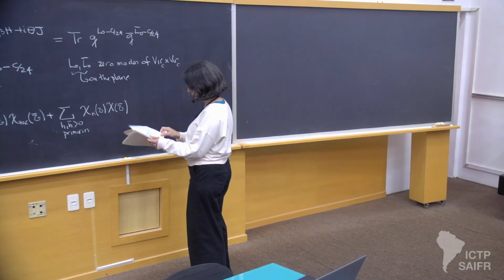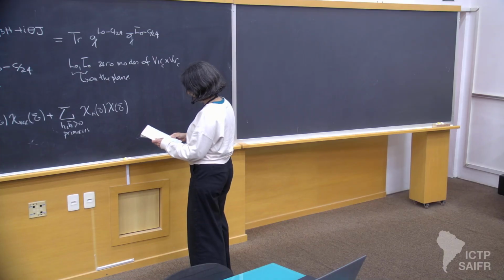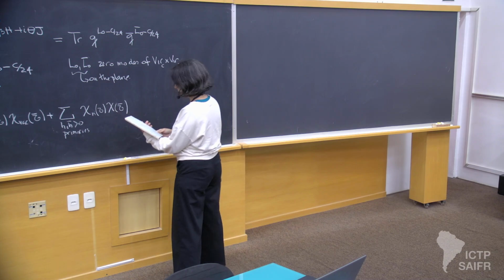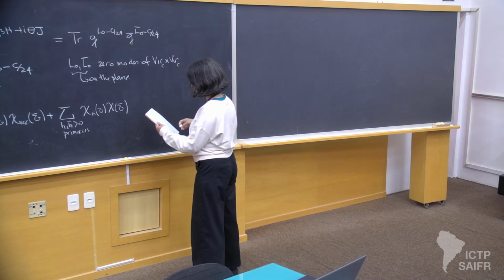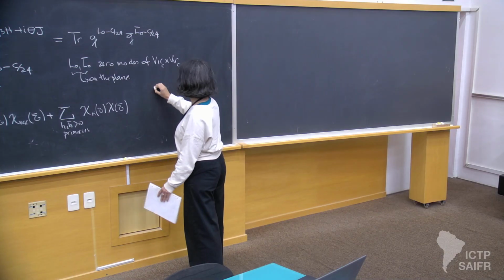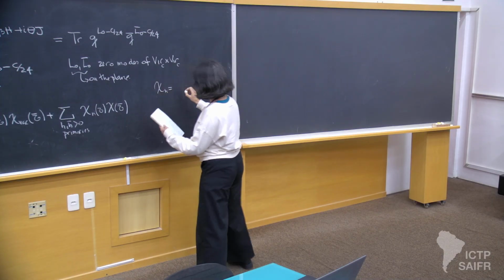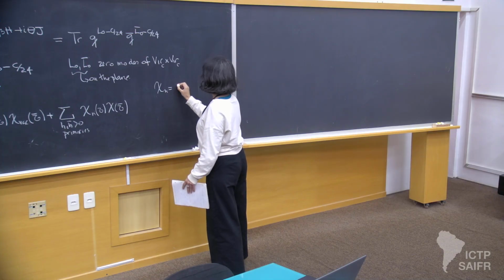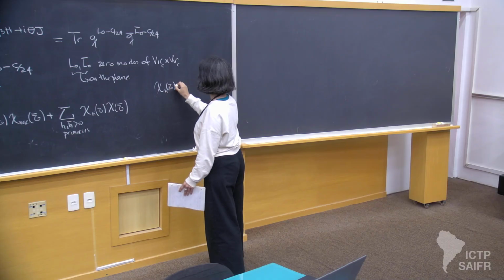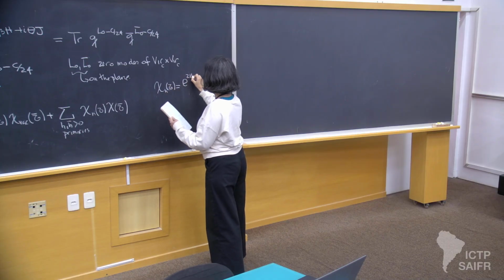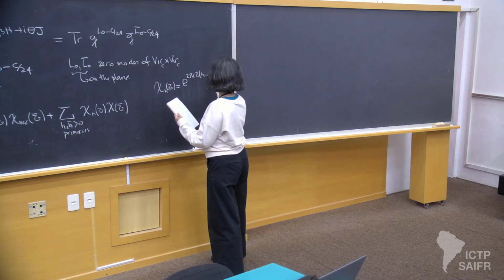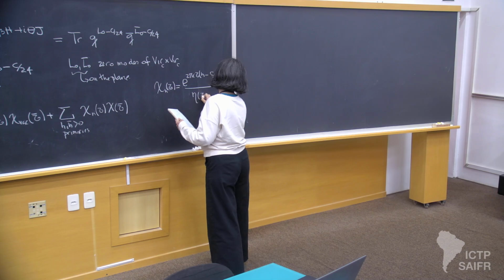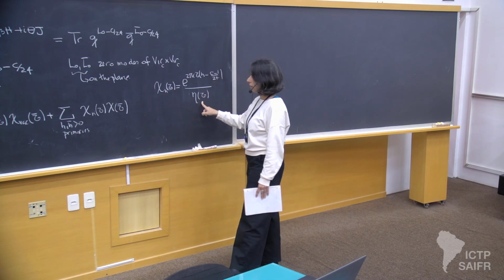These functions chi, the characters chi h of tau, are defined like this, where eta is again the Dedekind eta function.